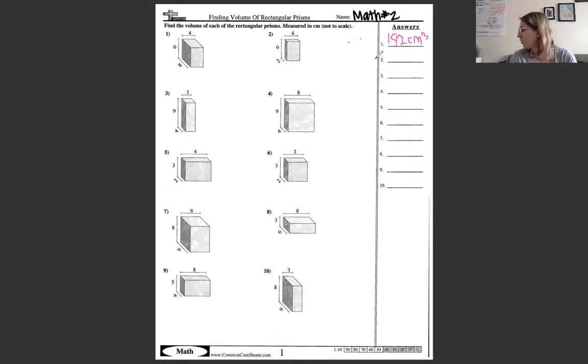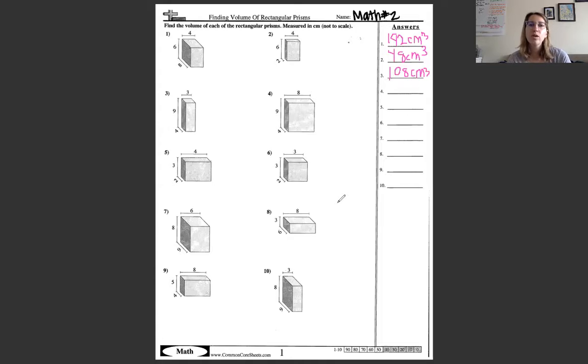Number two, we got 48 centimeters cubed. So this just really helps you see that. This is where your answers are going to go. And then number three, we also did together, which gave us 108 centimeters cubed.